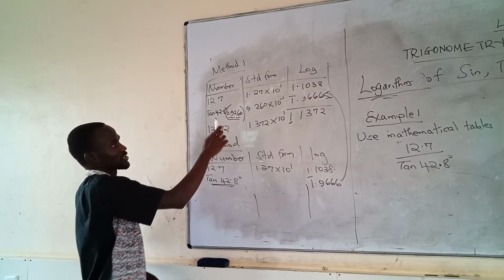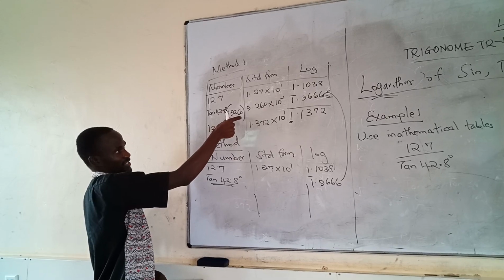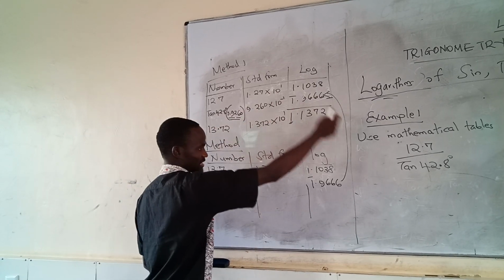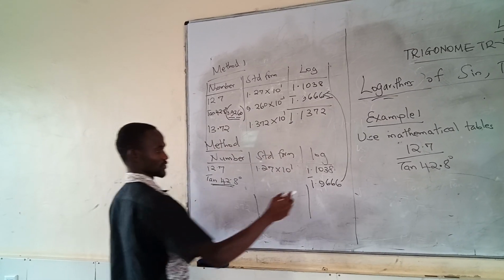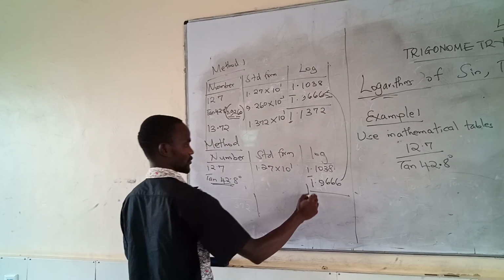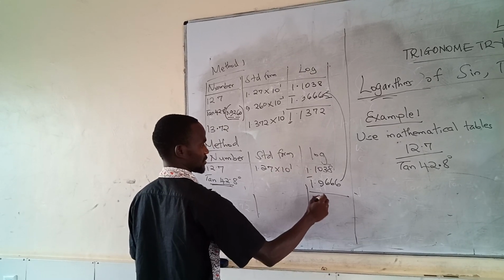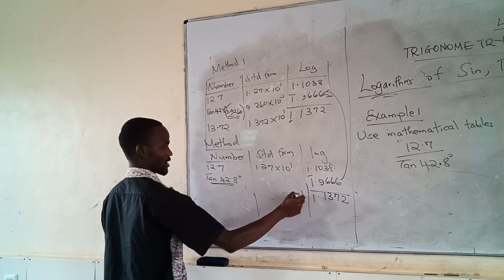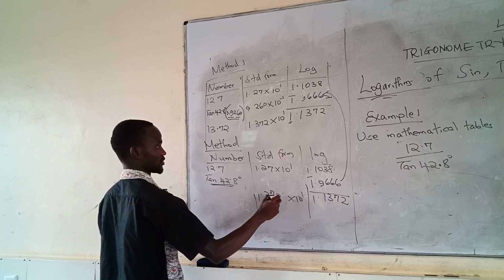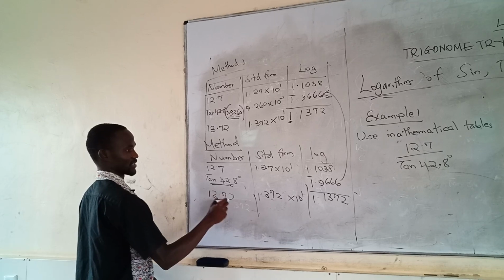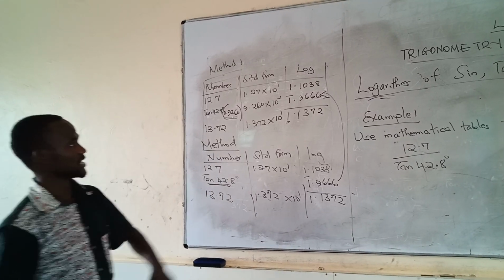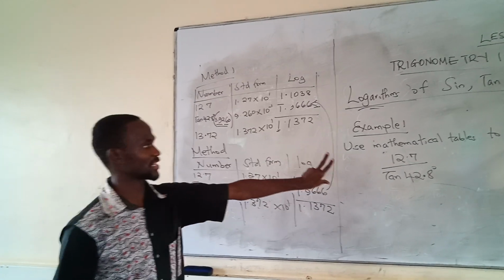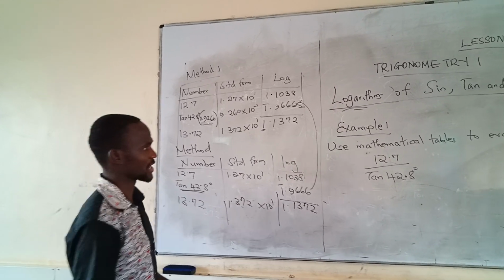When we substitute this tan with a specific number, you'll get the same thing. This times 10 to power 1, 1.372, gives 13.72.